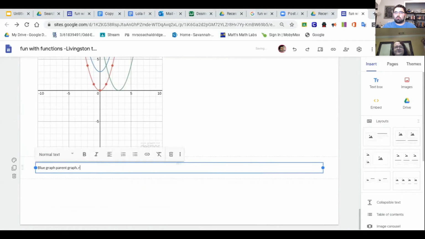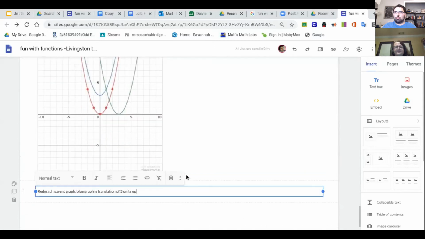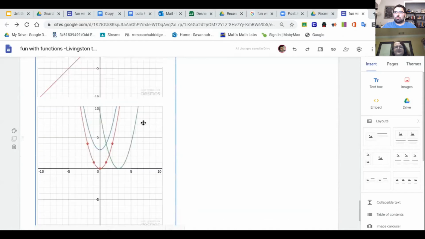The blue graph is a translation of 3 units up. I think you understand now what I'm expecting. You have to describe what's going on with your graph.